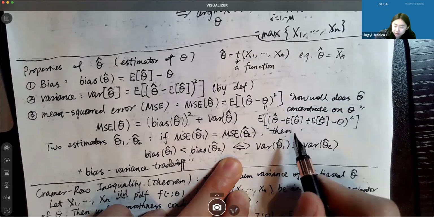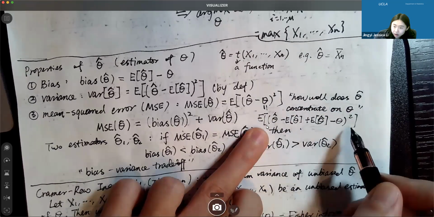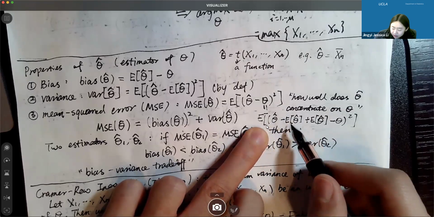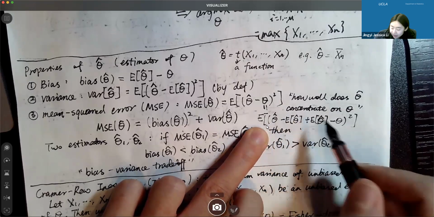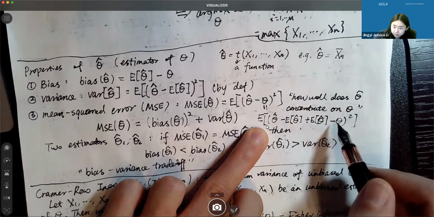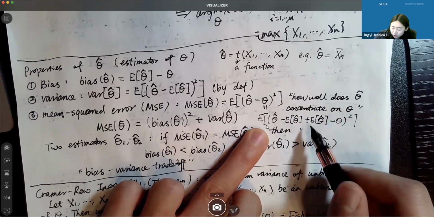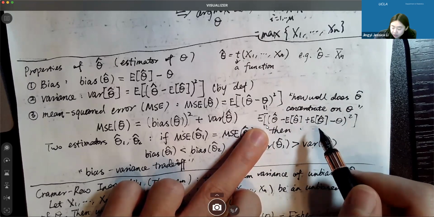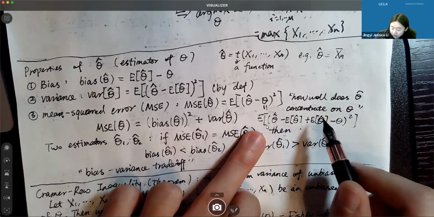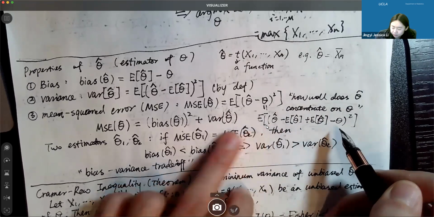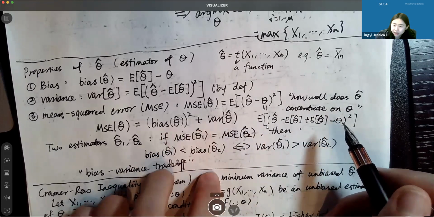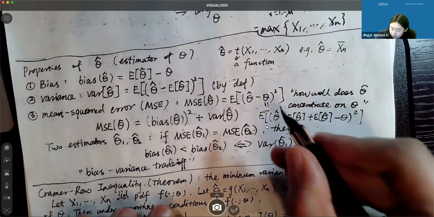Then you open this square up as a square of theta hat minus E of theta hat, and a square of E of theta hat minus theta. Then you show that the cross term is equal to 0 with the expectation. With that, you can show the two terms you get are basically bias square and the variance. So I will leave that to you.